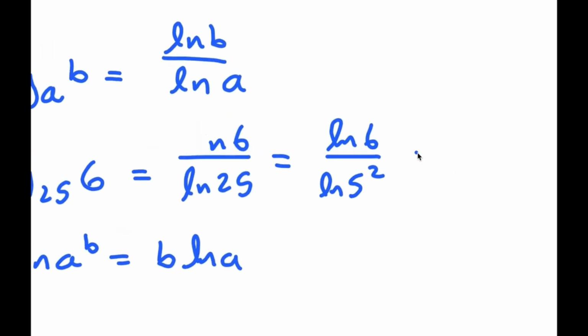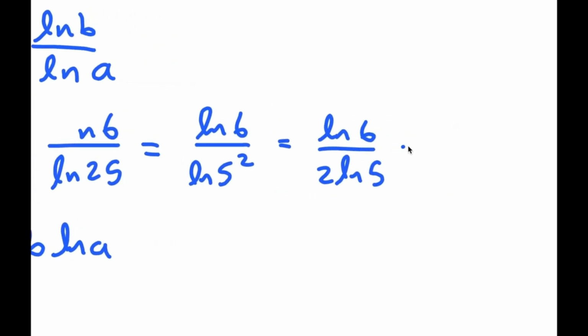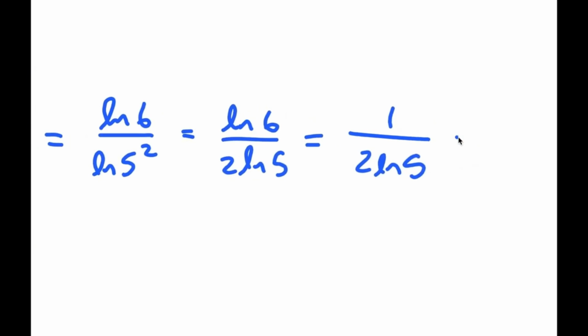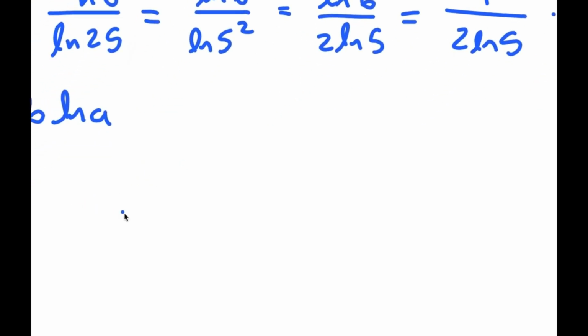So this is the same thing now as ln 6 over 2 times ln 5, which I'm actually going to rewrite as 1 over (2 times ln 5) times ln 6. So now going back, I have 5 to the power of 1 over (2 times ln 5) times ln 6.